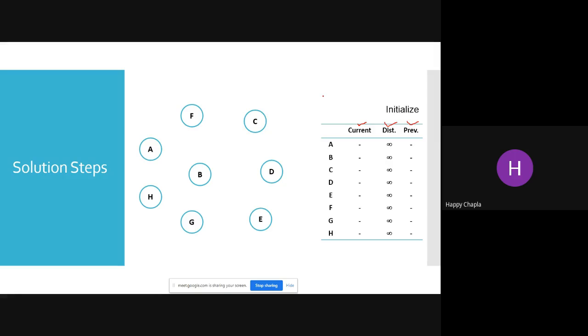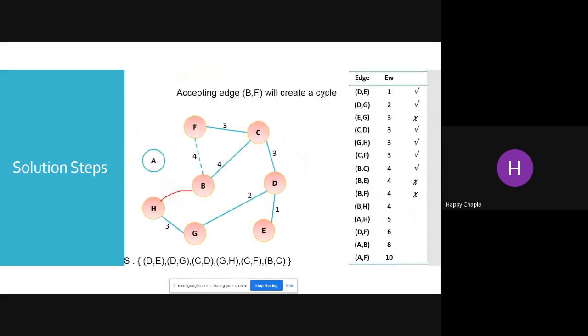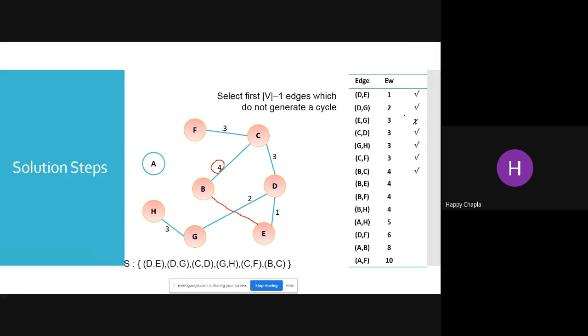Okay, so one thing I forgot to tell you is, if in the examination they ask related to Kruskal's algorithm, you need to first make this table and you have to write the tree after each and every step. If you have taken this edge, then write down this D to E, I am taking it as weight 1. Then D to G, that means I'm taking this connection with weight 2.